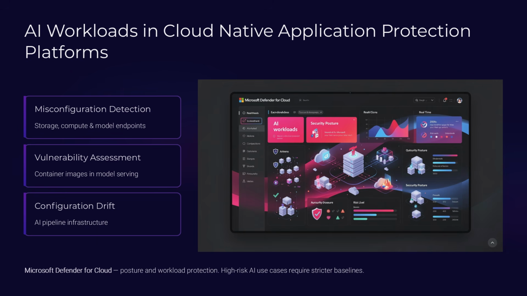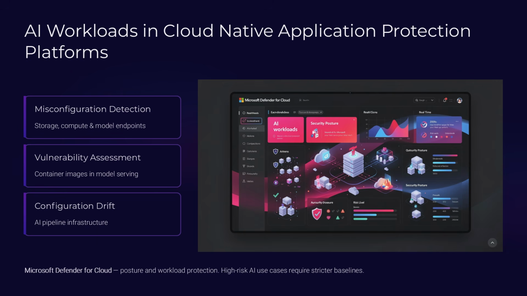This may include misconfiguration detection for storage and compute resources, identity and access misconfiguration detection for model endpoints, vulnerability assessment for container images used in model serving, workload protection signals for suspicious activity in model hosting environments, and configuration drift detection for infrastructure supporting model pipelines.